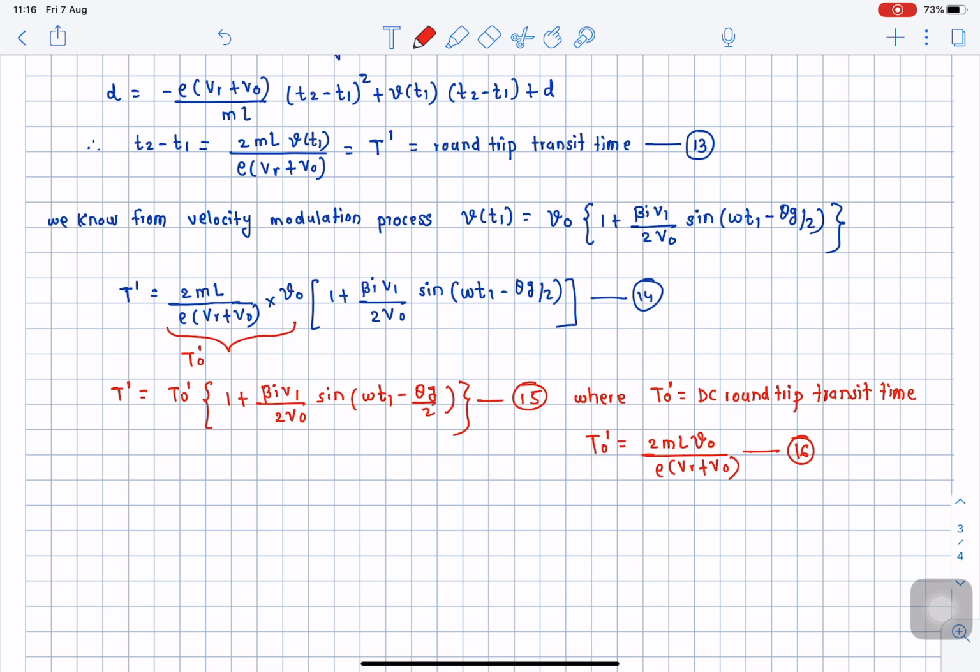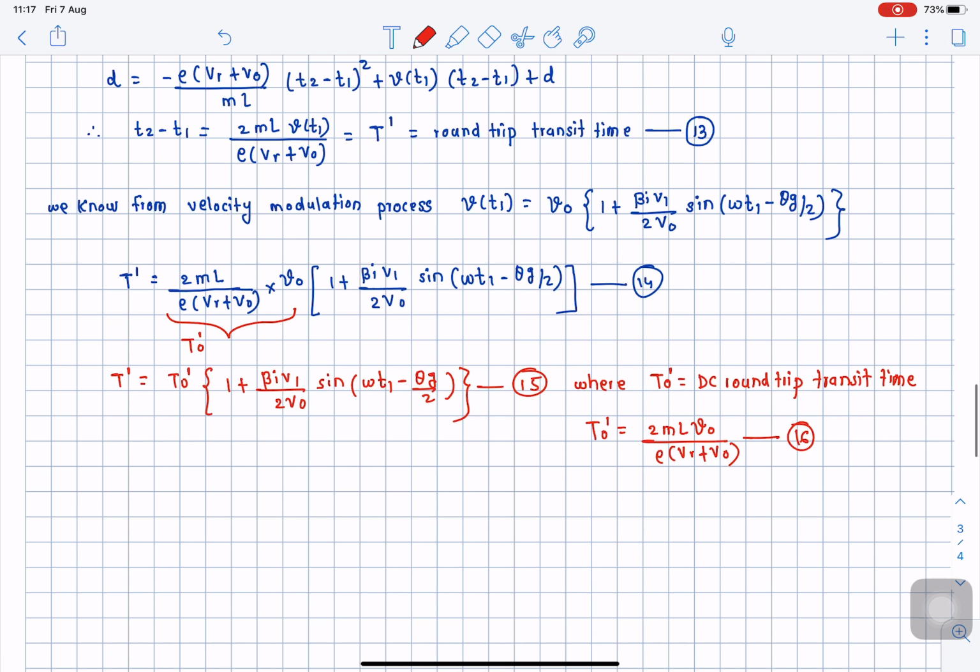So here what we do is multiply equation 15 on both sides by omega.